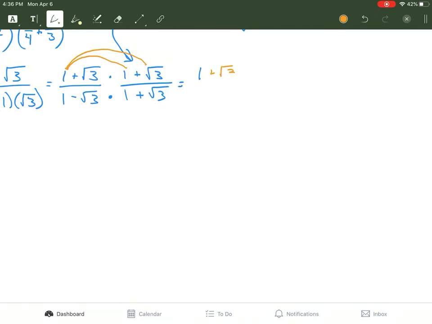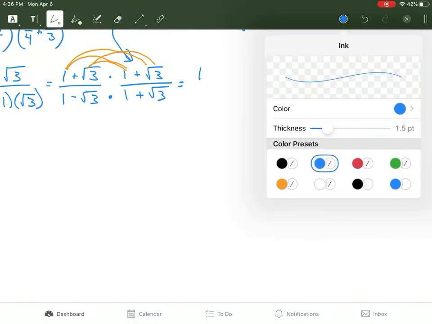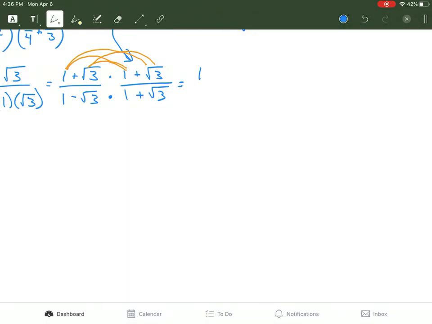We're going to do root 3 times 1 and root 3 times root 3. So 1 times 1 is 1. 1 times root 3 is root 3. Root 3 times 1 is root 3 again. And then root 3 times root 3 is the square root of 9, and the square root of 9 is just 3.